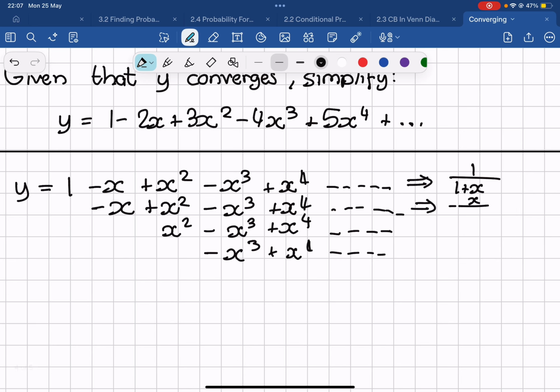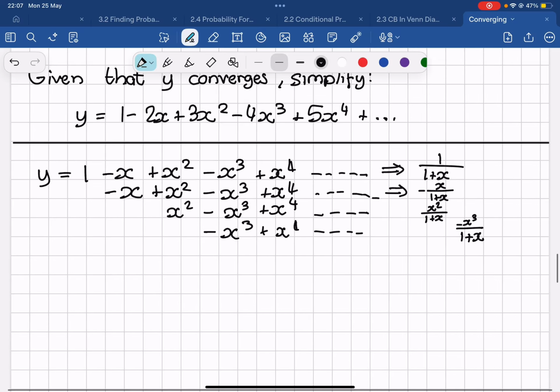Since the common ratio is still minus x, we'll always have the same denominator. So if I quickly do the next one, first term x squared all over 1 plus x, and then for this one, minus x cubed plus 1 over 1 plus x.